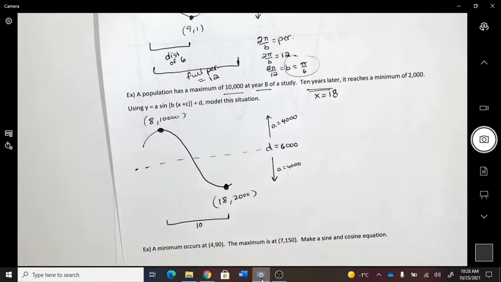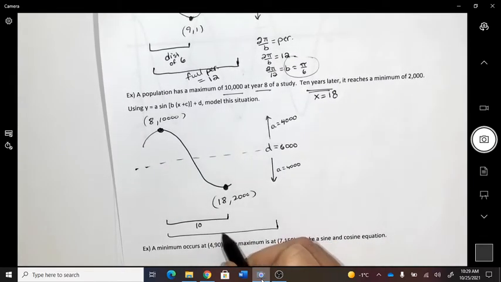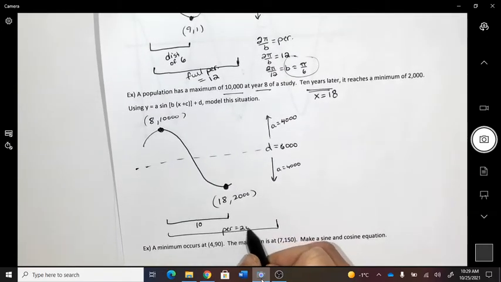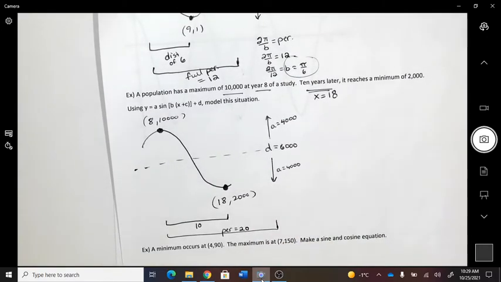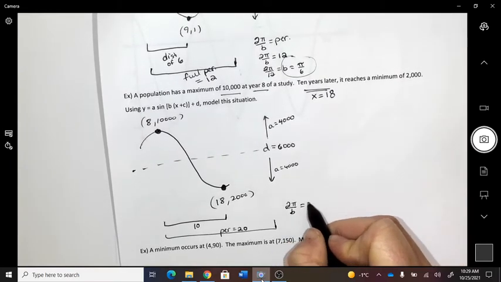Are we understanding that that's not a cycle? That's not you going through a whole cycle? So your period would actually be 20. Okay, so now I got to do that little formula. 2 pi over b equals period.